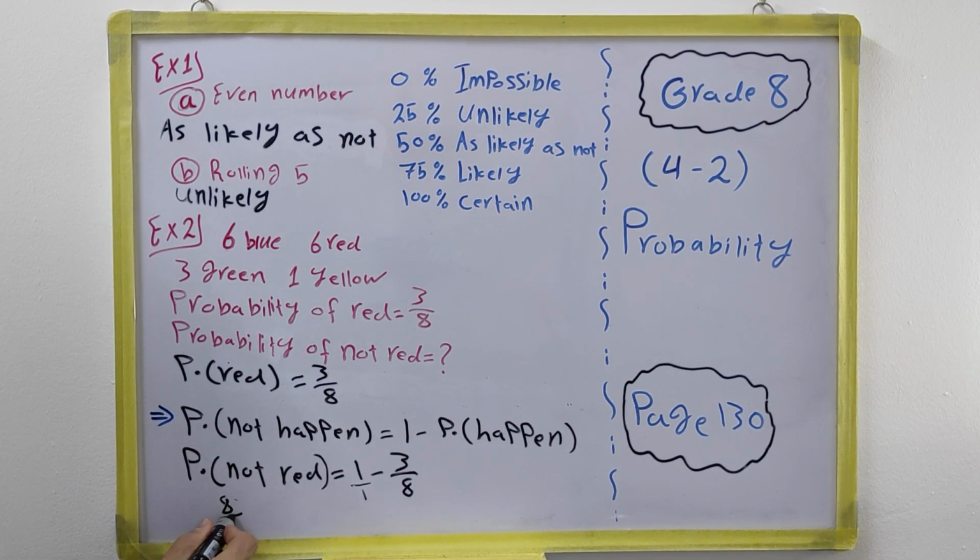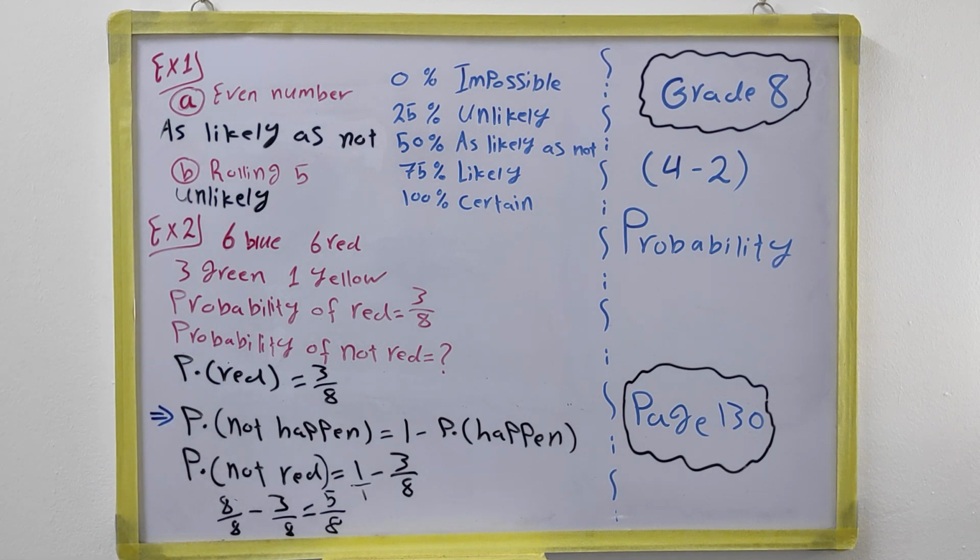8/8 minus 3/8. We just made the same denominator by multiplying this one by 8/8. So 8/8 minus 3/8. Now the probability to get a ball which is not red is 8 minus 3, it's 5/8.